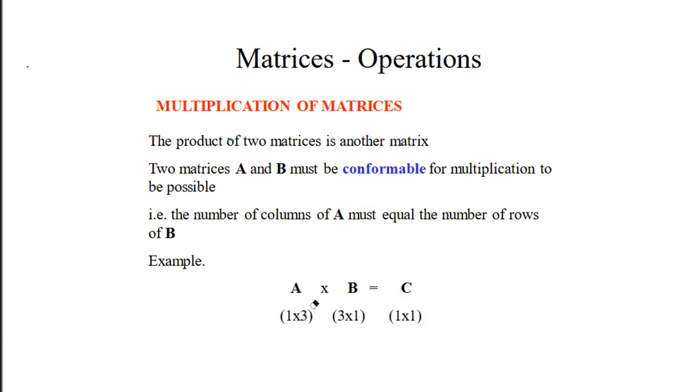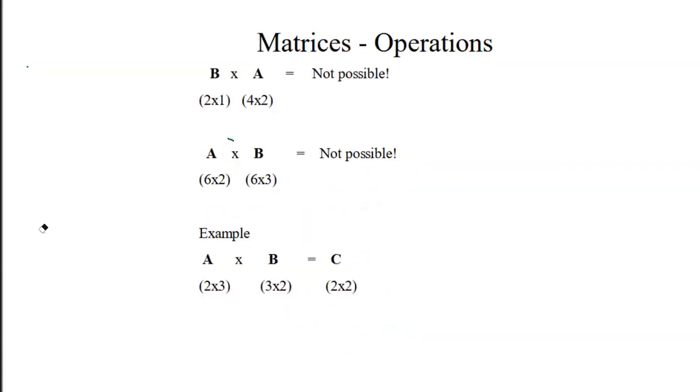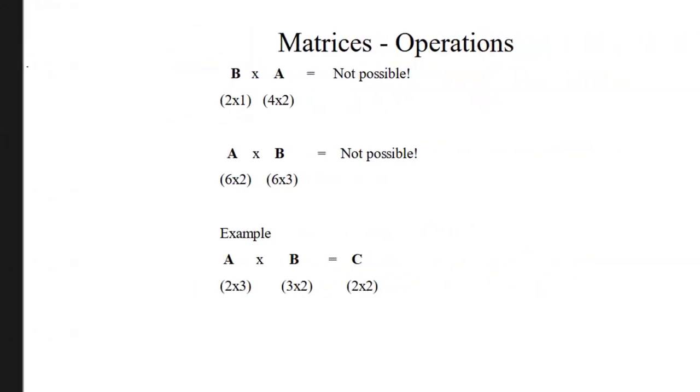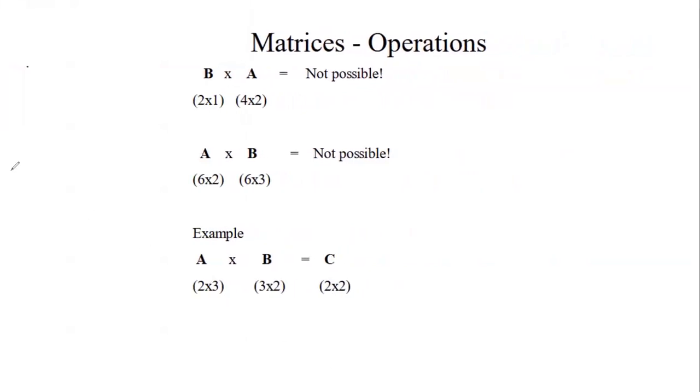Oh, they're speaking of two specific matrices here, right? To have all the other different dimensions that you can have, right? So let's look at some examples here. So if you were to have, notice here, 2 by 1, 2 by 1 by 4 by 2.